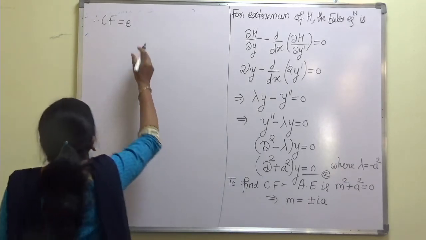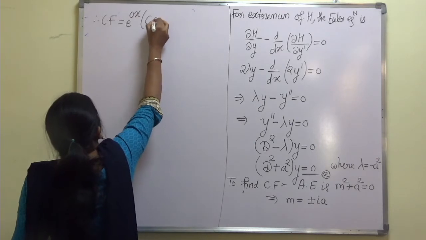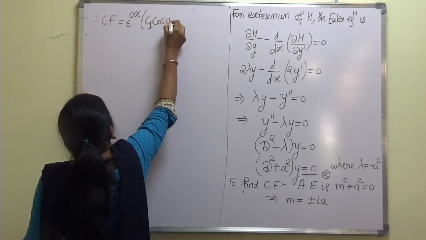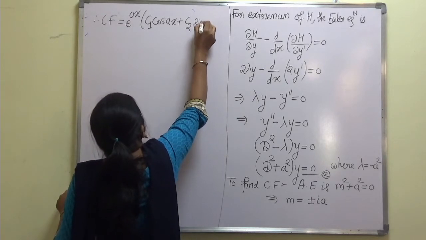So it is e raised to power 0x times c1 cos of beta x, beta is a, plus c2 sin of ax.